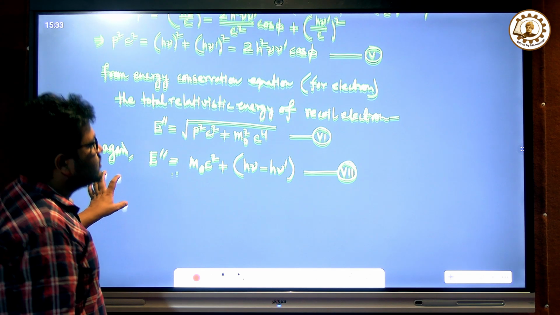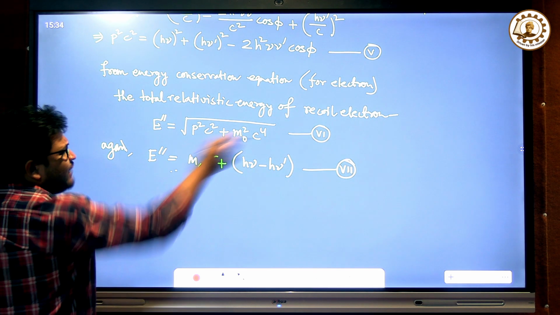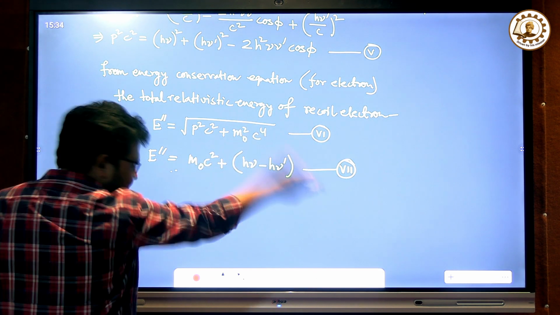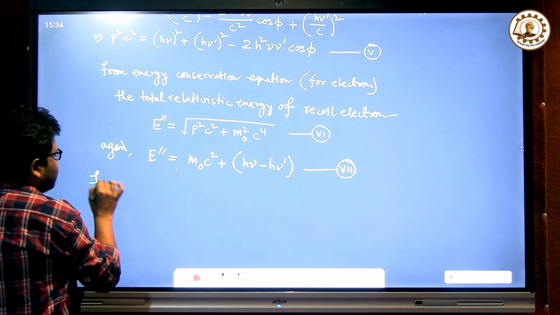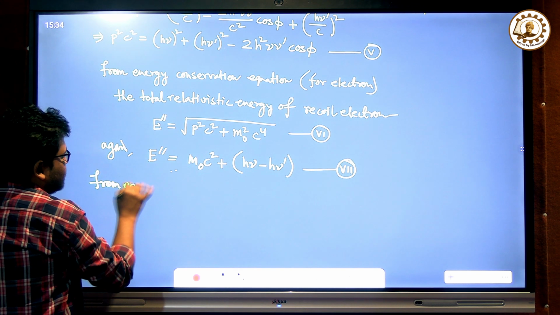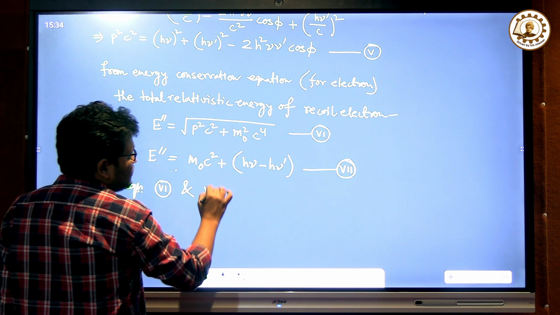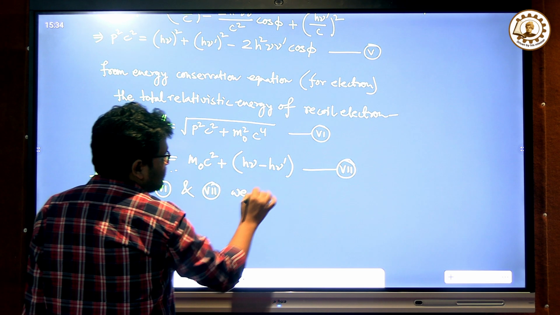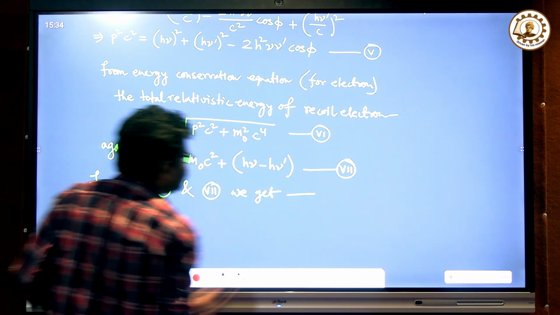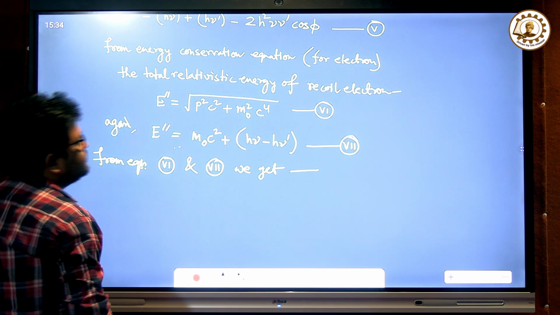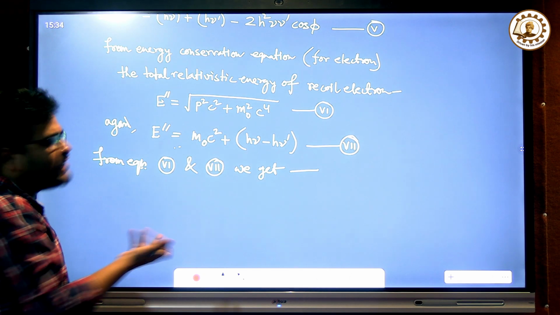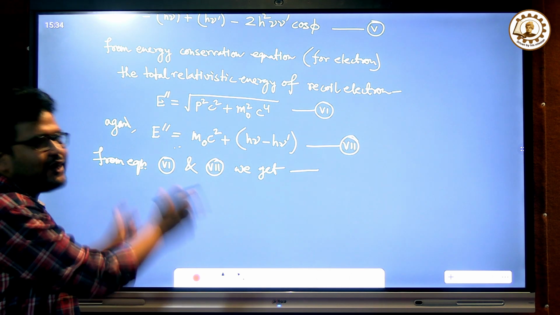Okay, so if I equate equation 6 and equation 7, we get, because they both are energies of the recoil electron, I can easily equate them.